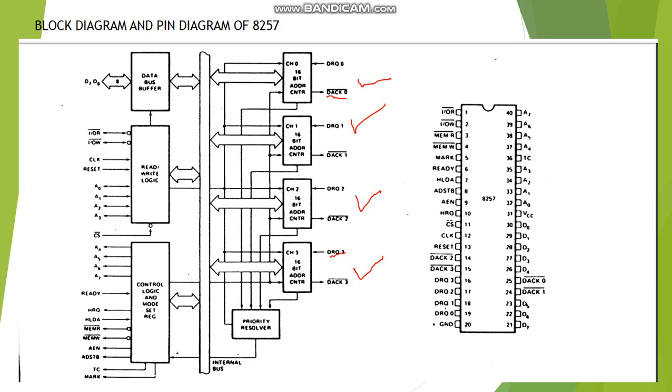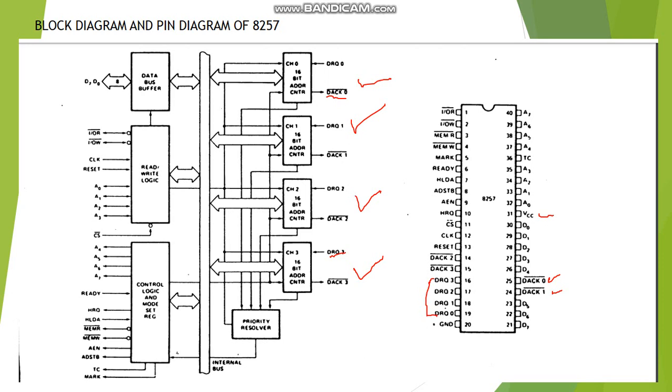These are the 4 acknowledgements sent by the DMA to the input output devices, and these are the 4 requests which input output devices send to the DMA controller. So 4 into 2, 8 pins we have covered. GND is the ground pin, means earthing, and the same way we have VCC, that is plus 5 volt DC supply. All these pins we have done.